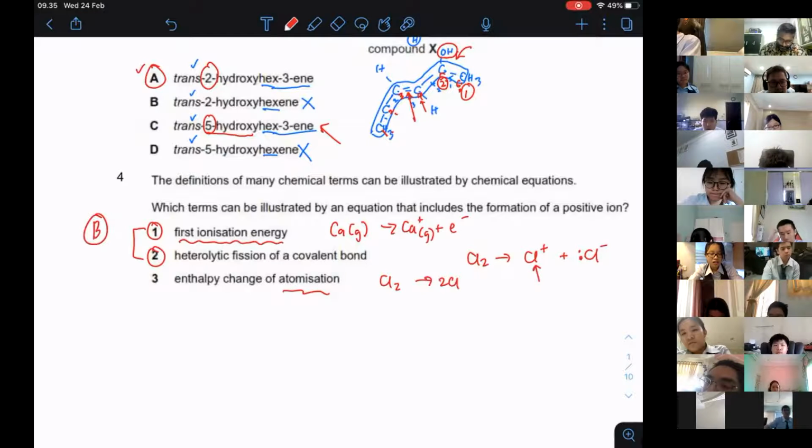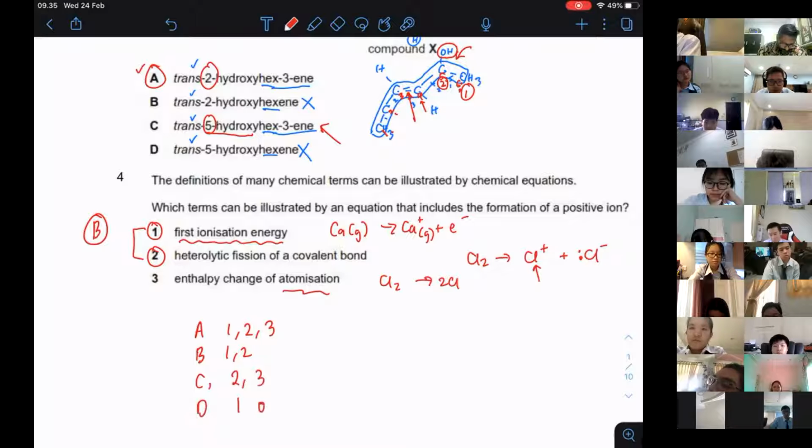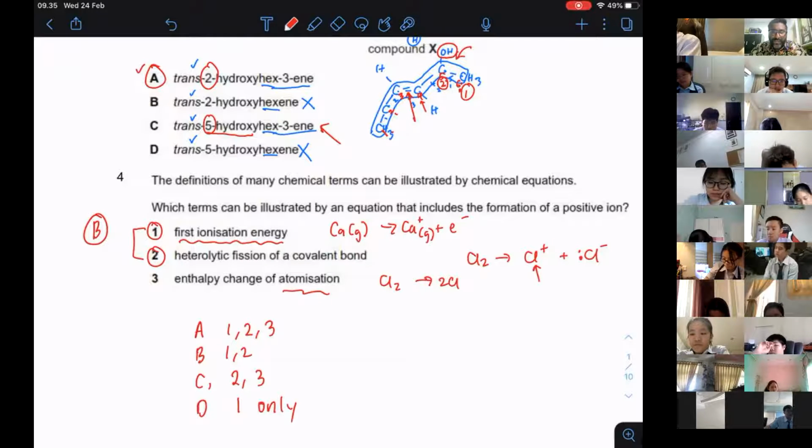Sir, are electrophiles normally considered positive ions? Yes, because electrophiles love electrons, so they are positive ions.